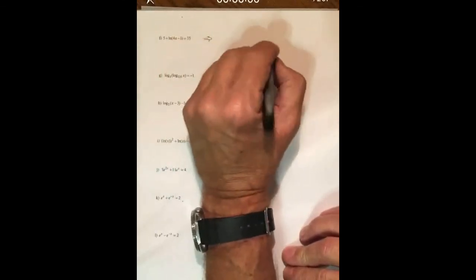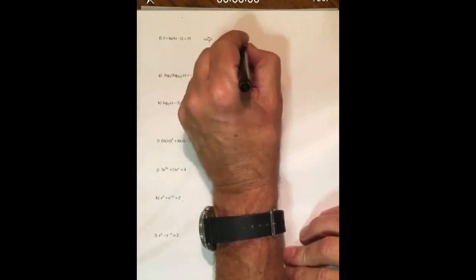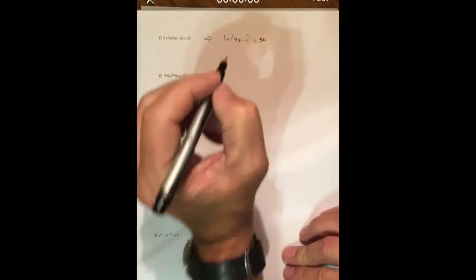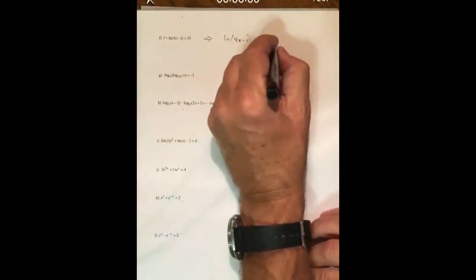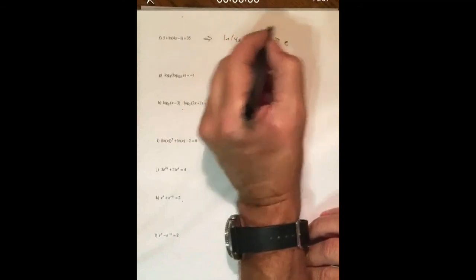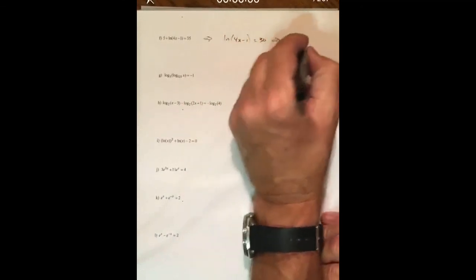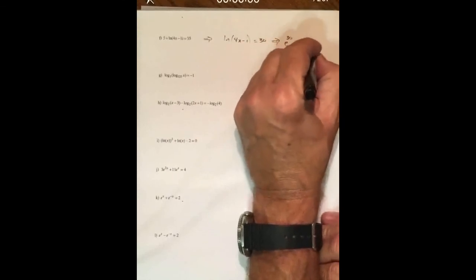That's going to give me the natural log of 4x minus 1 is going to equal 30. Now all we can do is write the equivalent exponential. The base is e, the exponent is 30, and that's got to equal 4x minus 1.